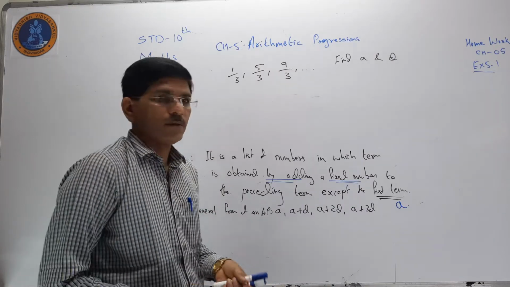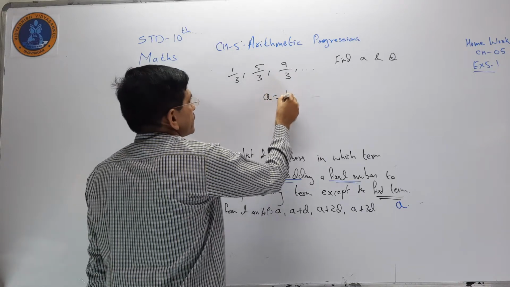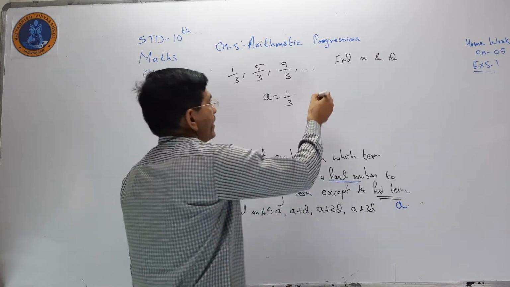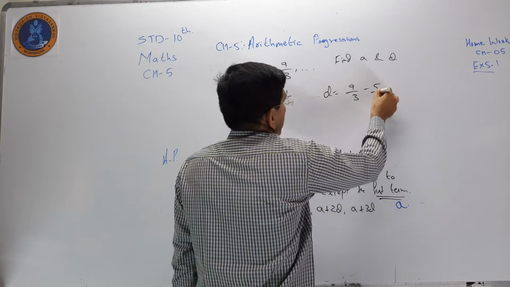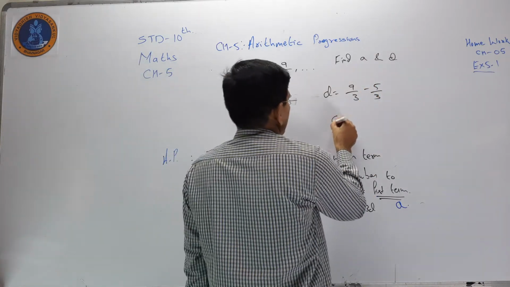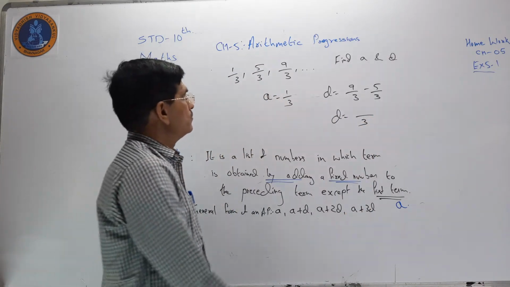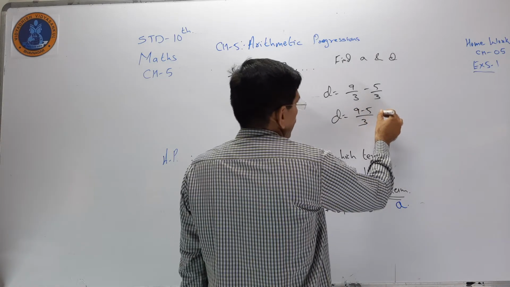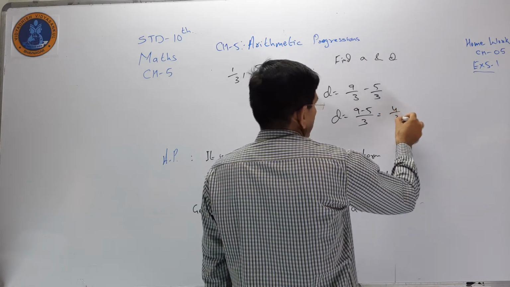What is the first term? That is A, that is 1 by 3. What is D? How will I find D? D is equal to 5 by 3 minus 1 by 3, LCM is 3, that is 4 by 3.